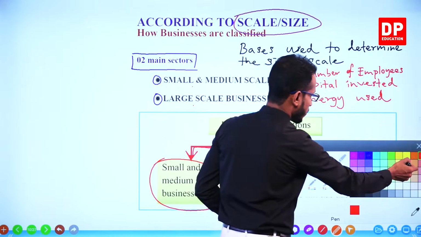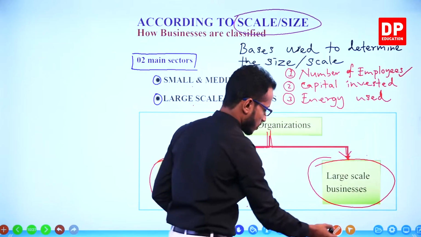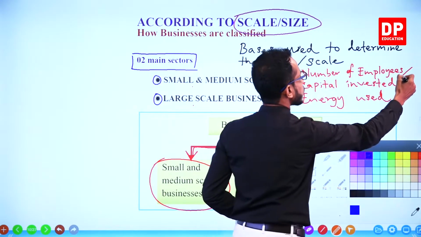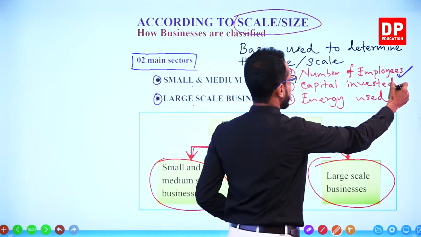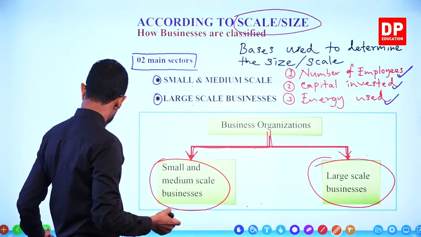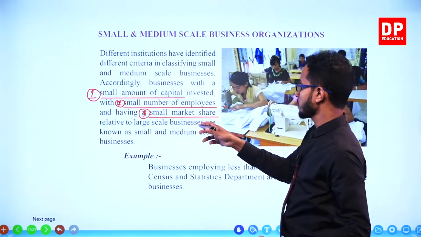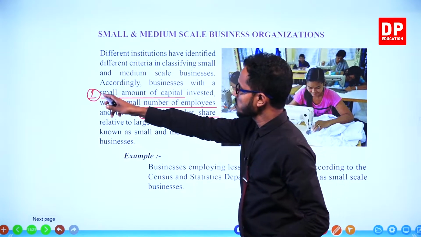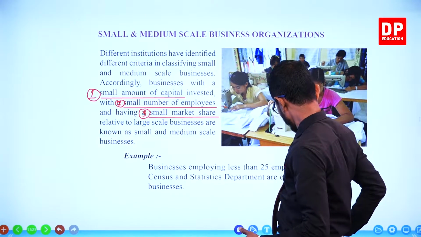Number of employees here. What is the color we need? We need blue. Okay. Capital invested and energy used. Let's see whether energy used is given here. Small amount of capital invested, that one we took.